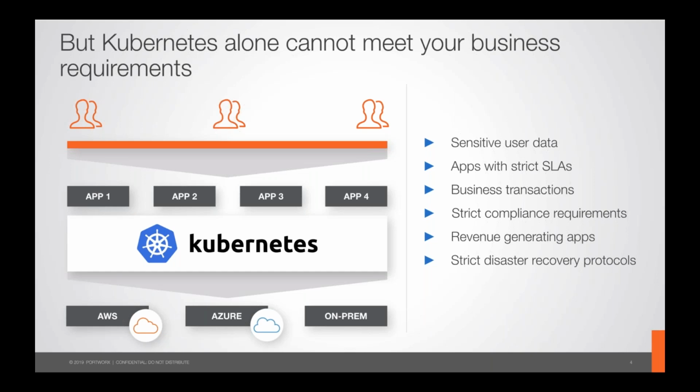I might have an application with sensitive user data that needs to be secured in a particular way. I might have apps with very strict SLAs around performance, compliance, or disaster recovery. As I work with my business unit partners to deploy those applications onto Kubernetes, they ask questions that I, as a platform architect, am unable to answer.